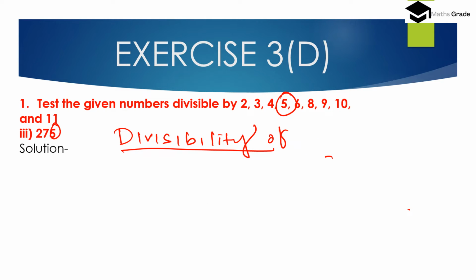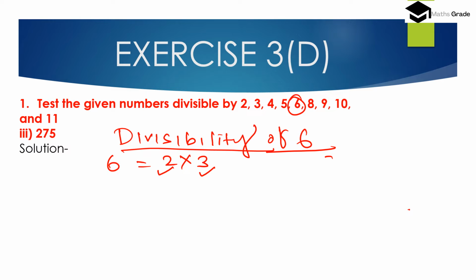Now we will check whether the number 275 is divisible by 6 or not. We know any number is divisible by 6 if the number is divisible by both 2 and 3. 6 is the multiplication of 2 and 3. So if the number is divisible by both 2 and 3, then the number is divisible by 6.